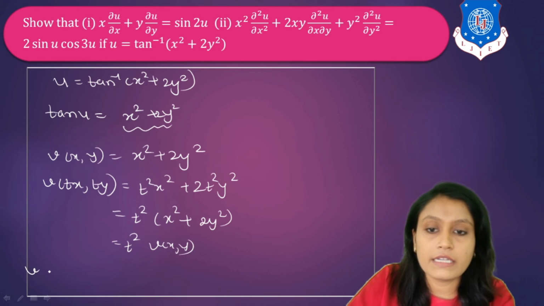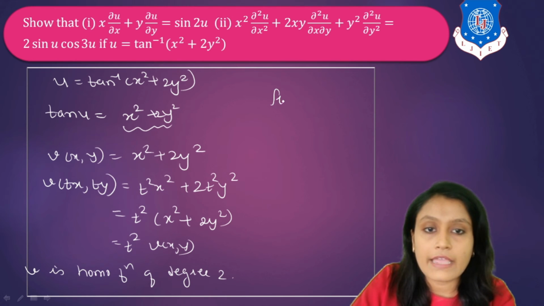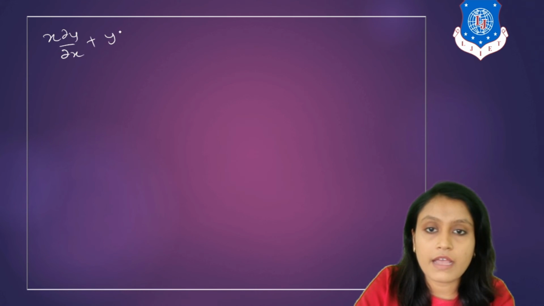So we can say that this v is a homogeneous function of degree 2, right? And this f of u is what? tan u, right?